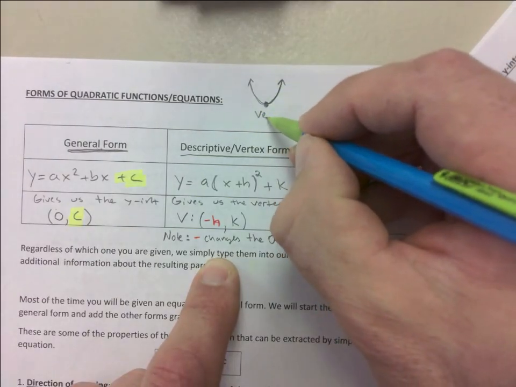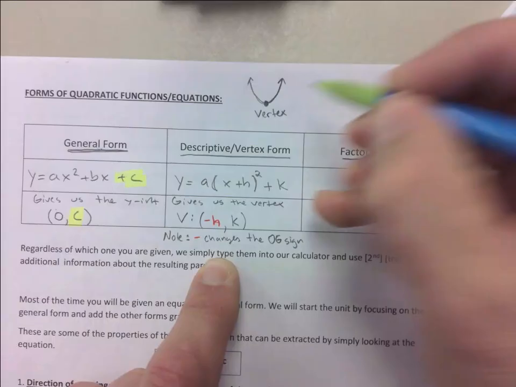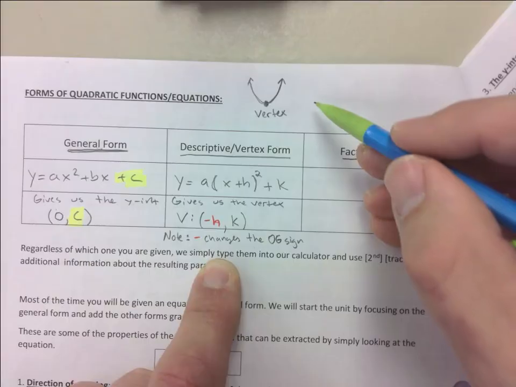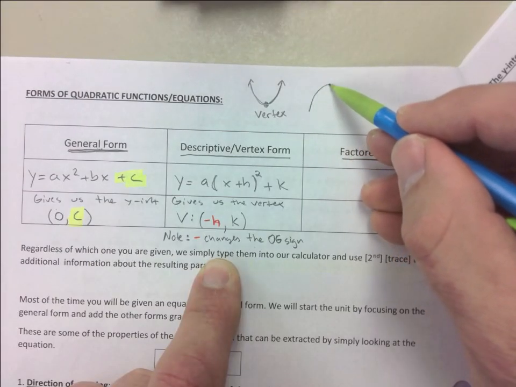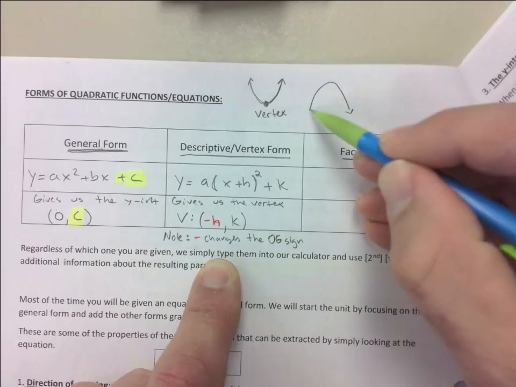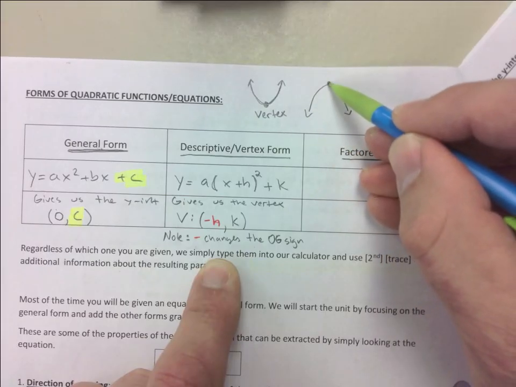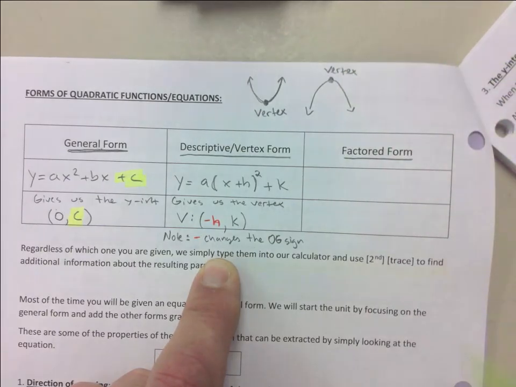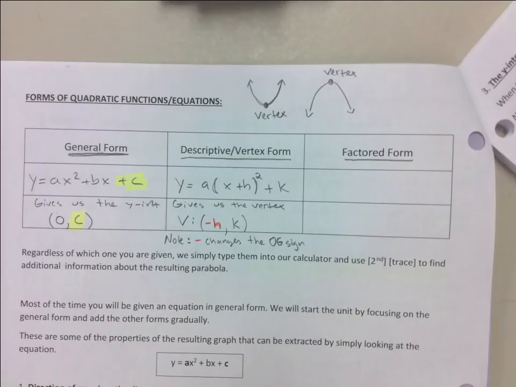This is the vertex. It's the lowest point in this case. But what do we know about a parabola? It could also be pointing down. We call that the vertex. So it could be the highest point, it could be the lowest point, but regardless, it's where you change direction. It's a particular point where you change direction.